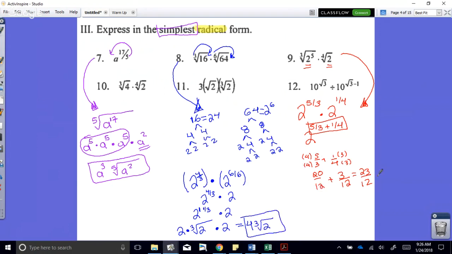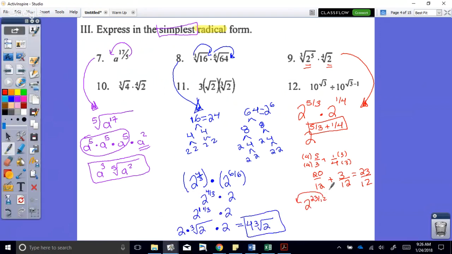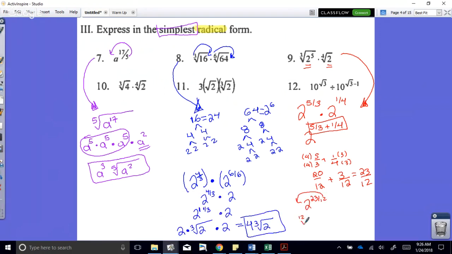Okay, from here I can then convert it back, so I end up with 2 to the 23 over 12, and the 12 goes back to the index. So this is now the 12th root of 2 to the 23rd. We're looking for groups of 12.